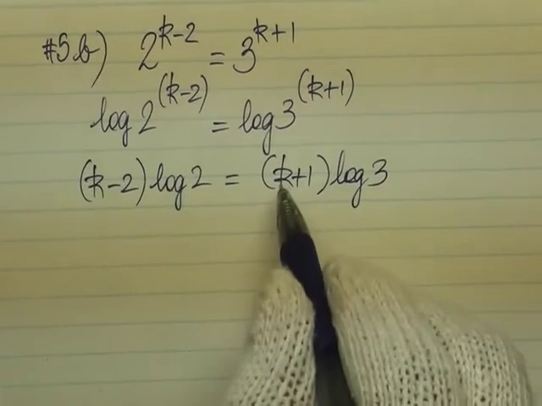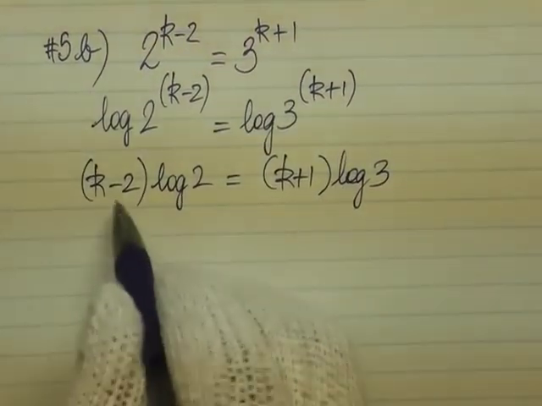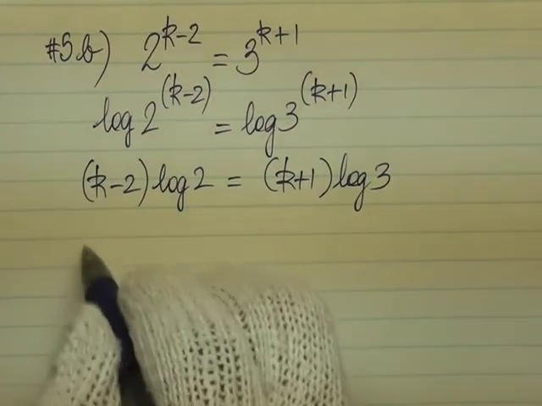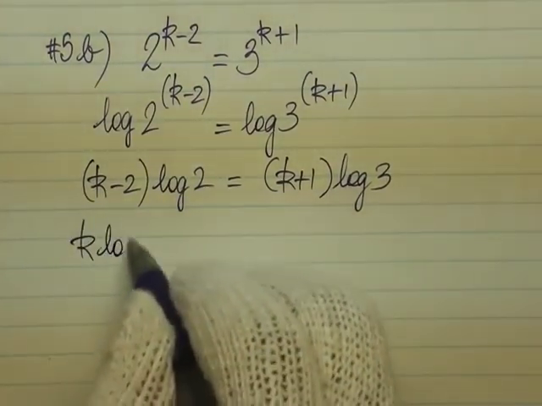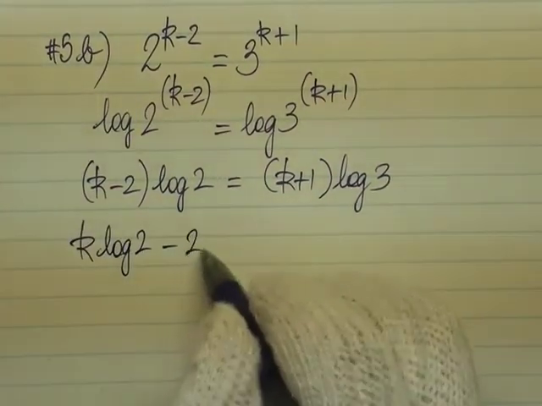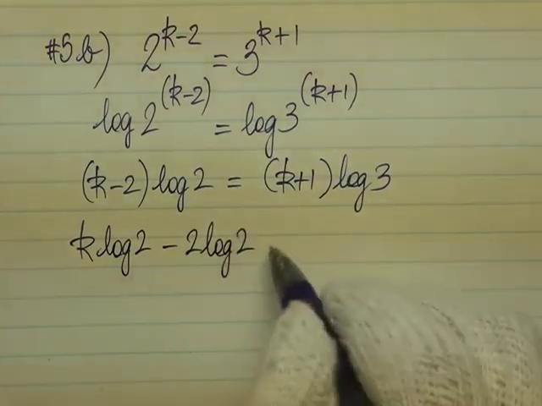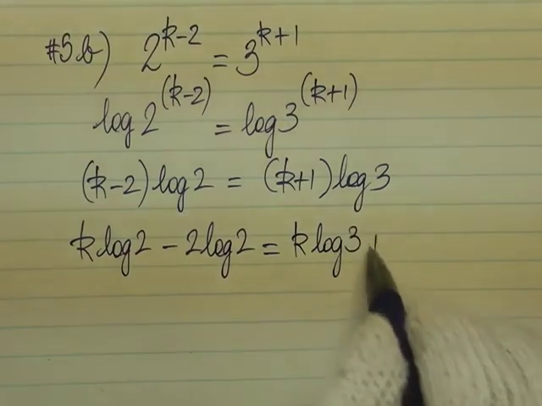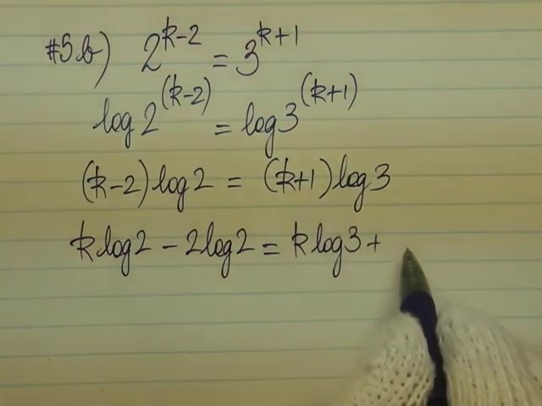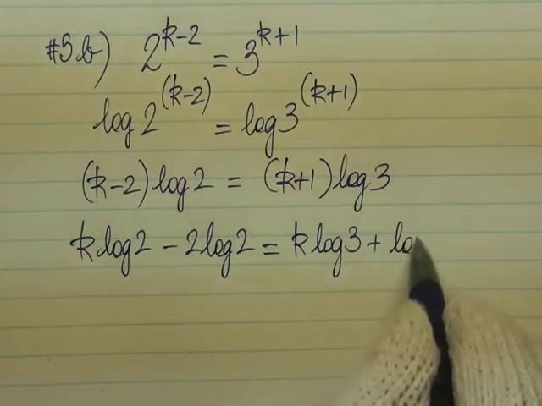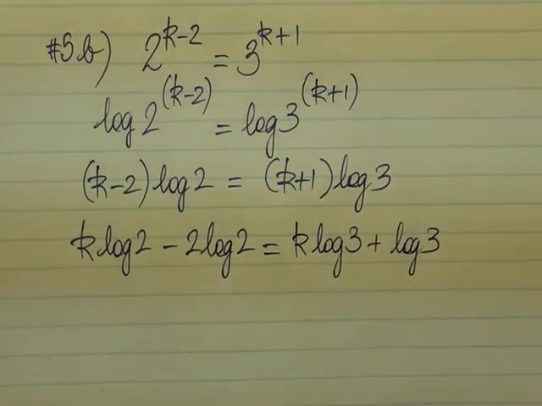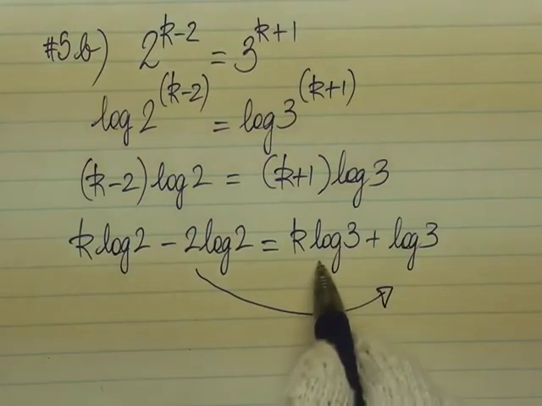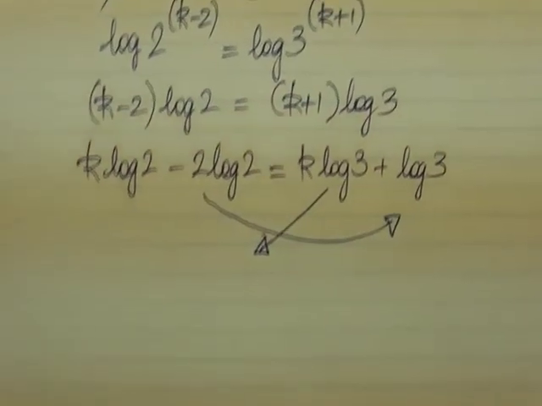Now what you want to do is multiply these out and rearrange so all your logs with k are on one side, everything else is on the other. k log 2 minus 2 log 2, k log 3 plus 1 log 3. I'm going to bring all my k's to one side and all my other terms to the other.